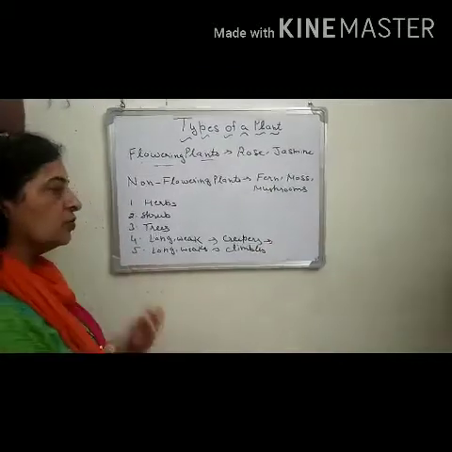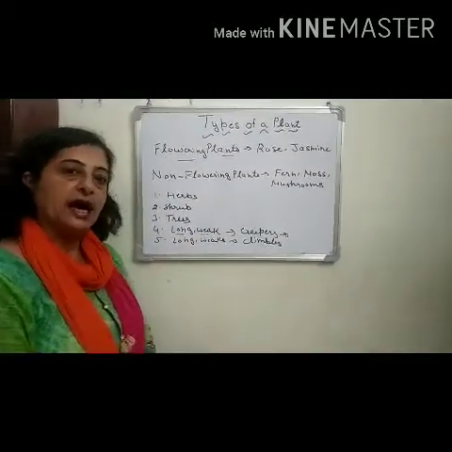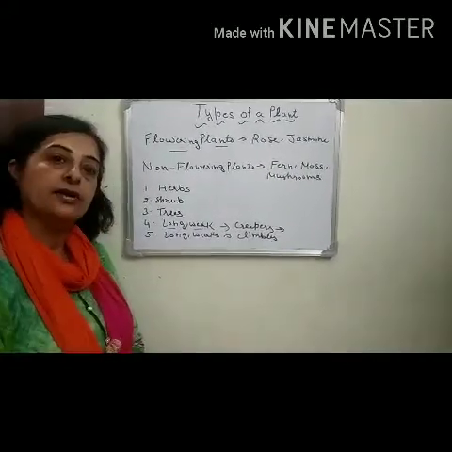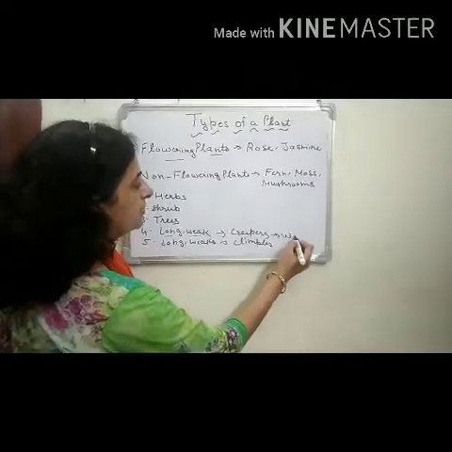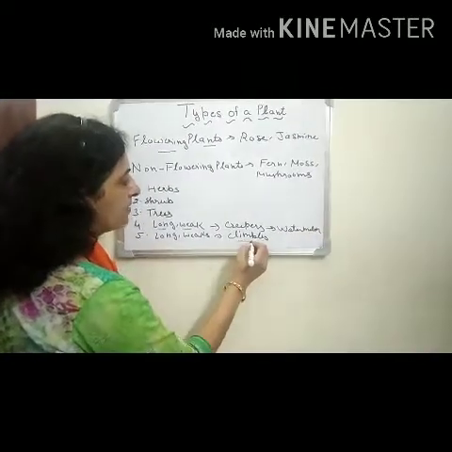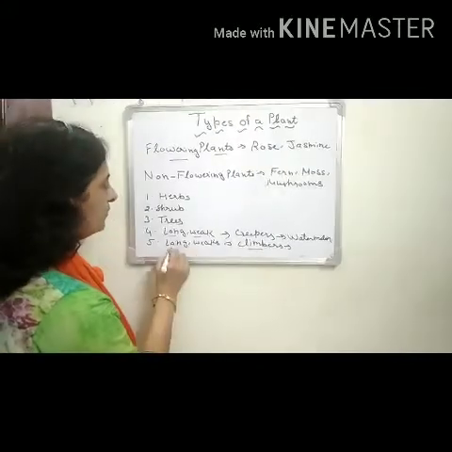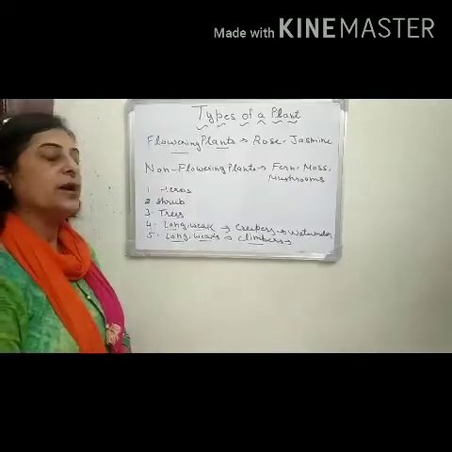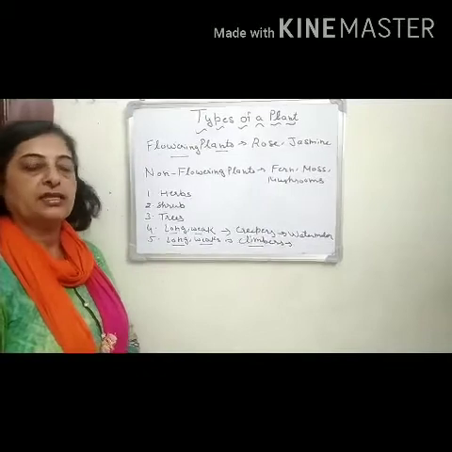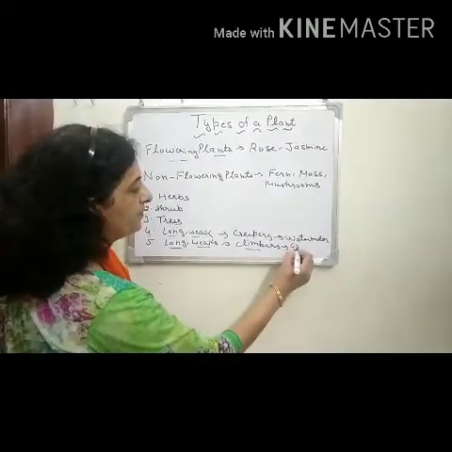Creepers are those which have long, weak stems and can't stand upright, so they grow by lying on the ground, like watermelon. And climbers are those which also have long and weak stems, but they can climb up, going upside by taking the support of neighboring structures, like grapevine.